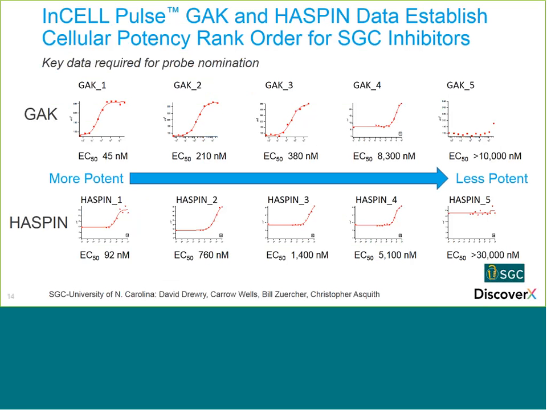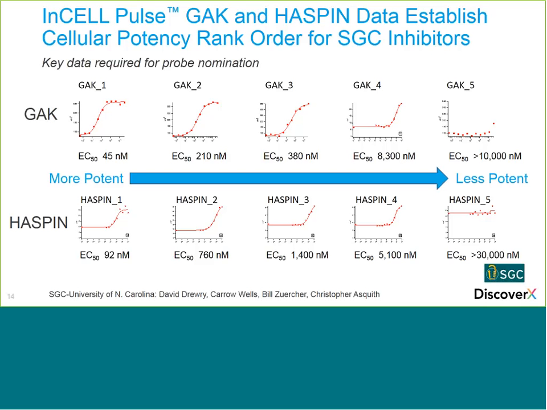So they have an initiative to build a potent and selective GAC probe, and they've done that biochemically. They have multiple compounds that are potent and selective in biochemical assays, but they cannot nominate a probe until they know that there's also potent cell-based activity or target engagement. That's one of the pillars of probe validation.